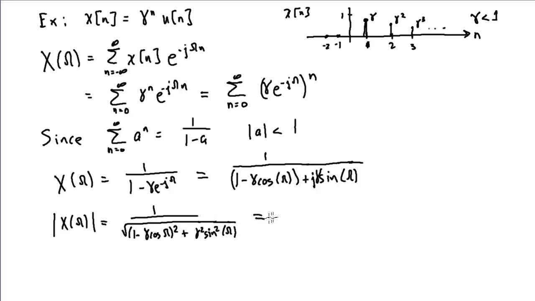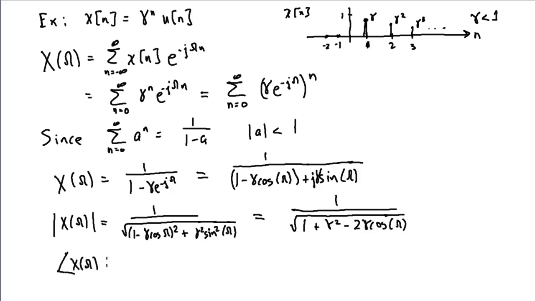And I can multiply this term out and simplify a little bit. I'll get a gamma squared cosine squared plus a gamma squared sine squared. That will become just 1 plus gamma squared minus 2 gamma cosine of omega, under the square root, for the final result for the magnitude spectrum.